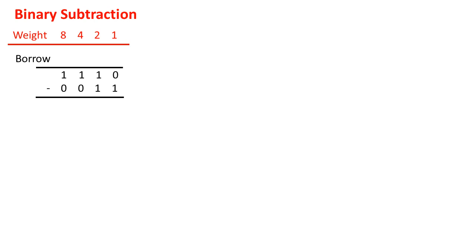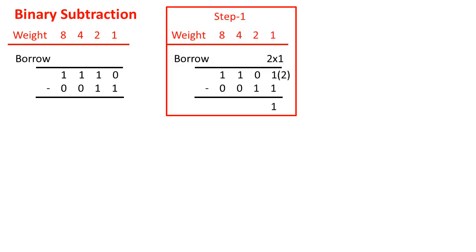So let us see step number 1. So this is step number 1. You can observe, just from the next column, where previously there was 1, now there is 0 because that 1 has been shifted to the rightmost column.